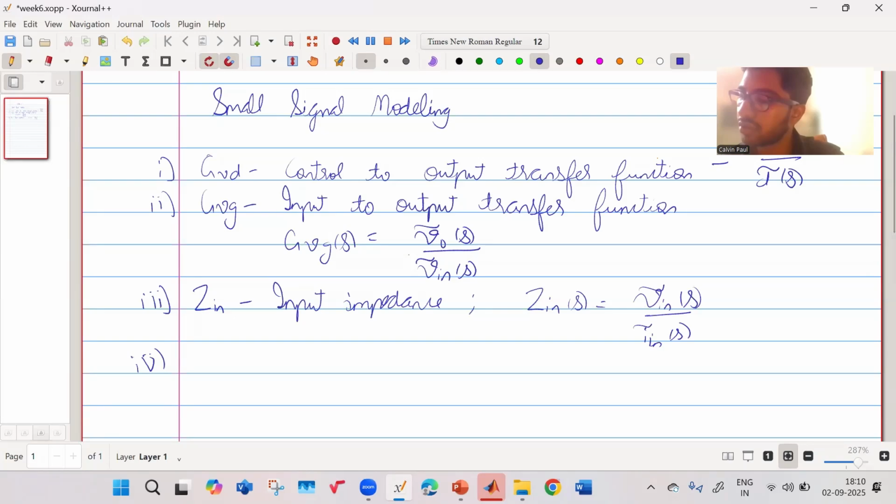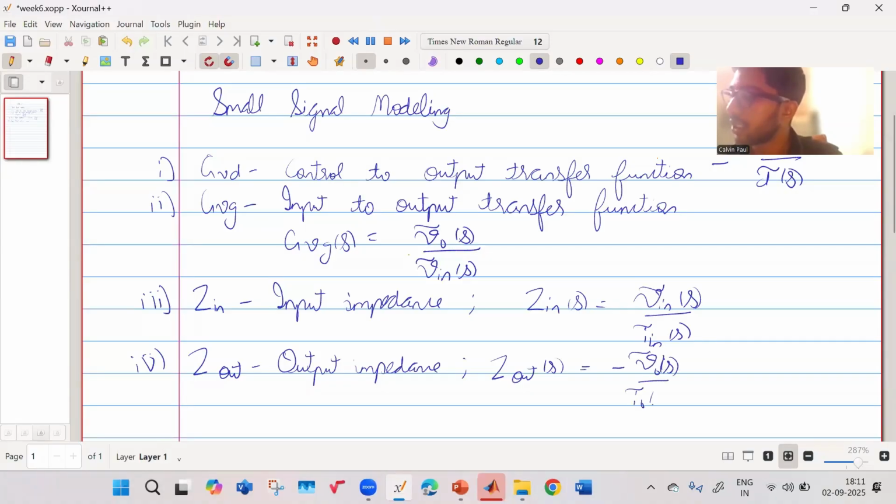Fourth is your output impedance, that is Z out of s, which is minus V output tilde of s by I output tilde of s.